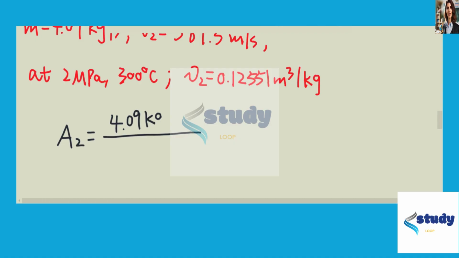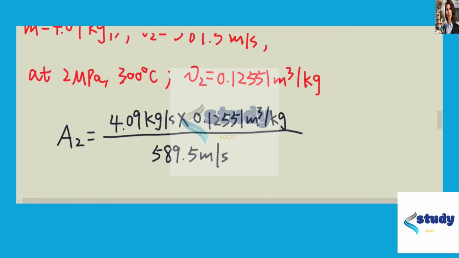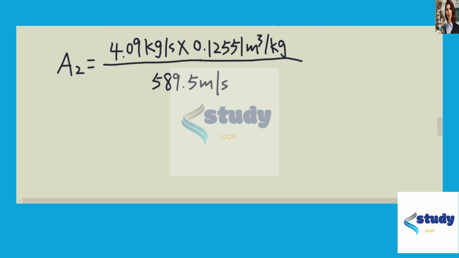If we plug back into the equation, we'll have the exit area is equal to 4.09 kilogram per second times 0.12551 meter cube per kilogram over 589.5 meter per second. Okay, so this will give us the exit area is about 8.71 times 10 to the power of -4 meter square.